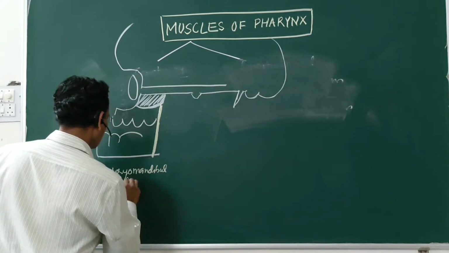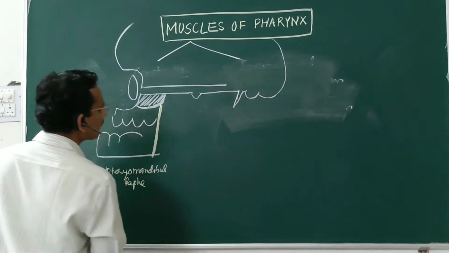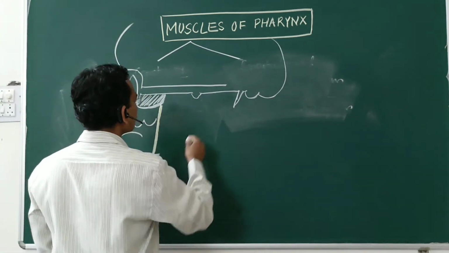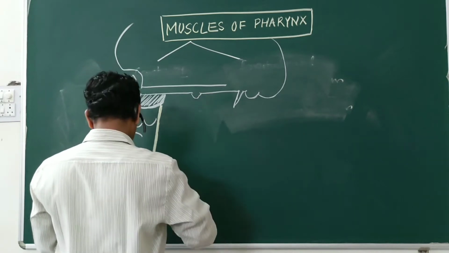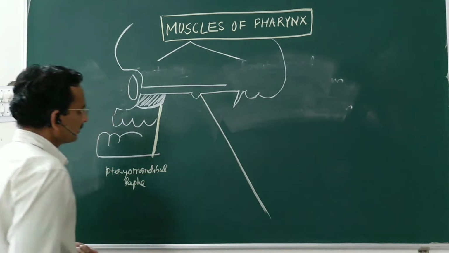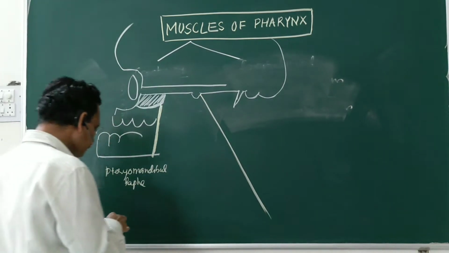And this is the pharyngeal tubercle, from which there is the median raphe.